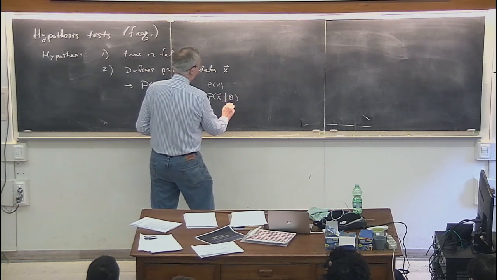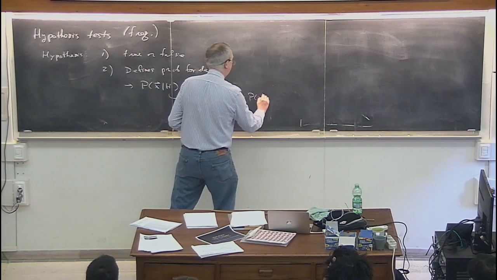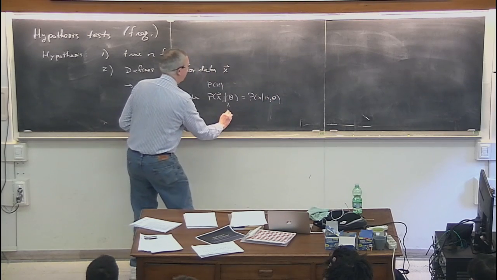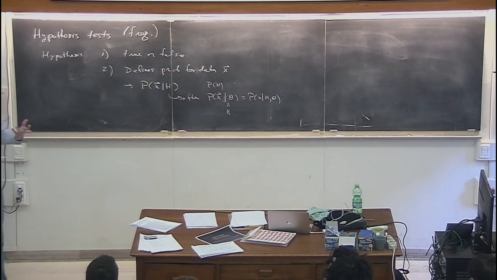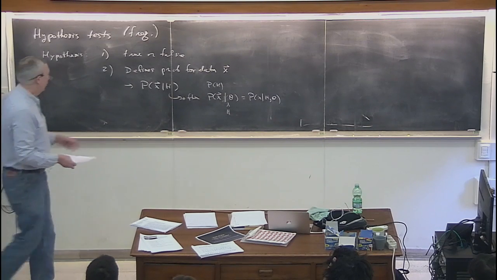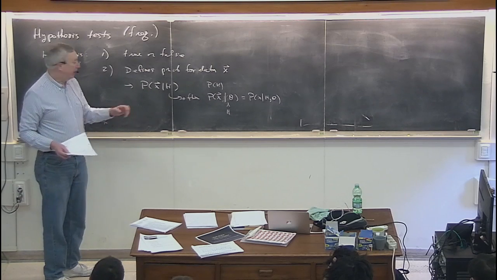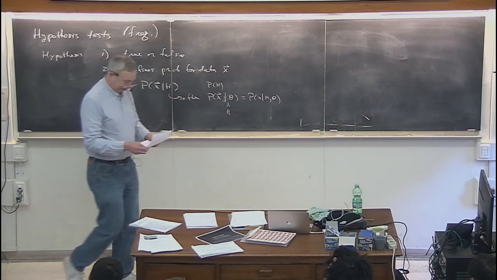And what is implied by that is that this means P of x given the hypothesis h and theta. So the parameters are defined in the context of a particular model, and so the hypothesis in which those parameters live is implied. And we've already said that if I view this thing as a function of the hypothesis and keep the data constant, that is then the likelihood of that hypothesis.